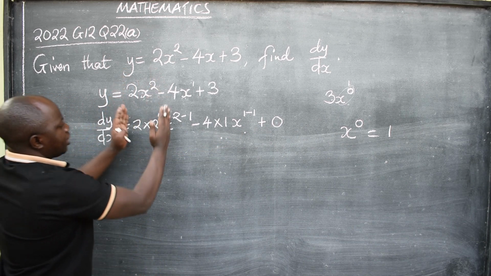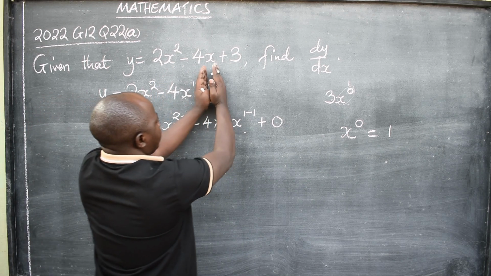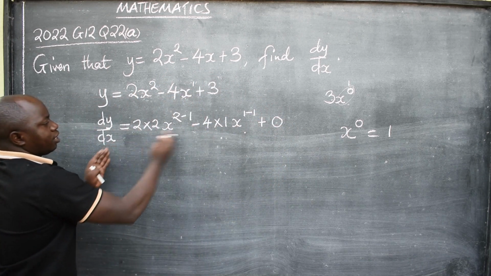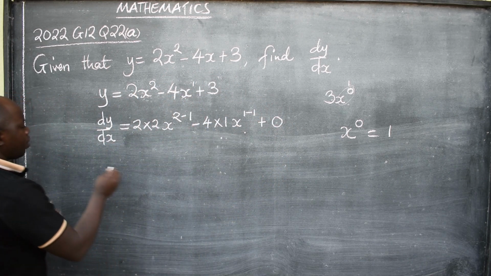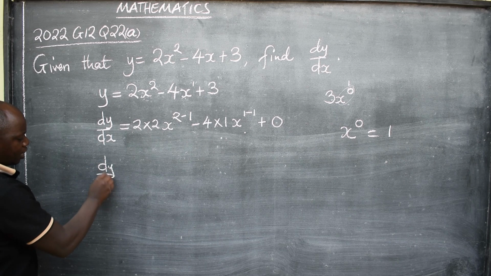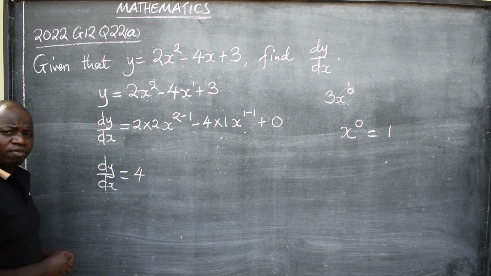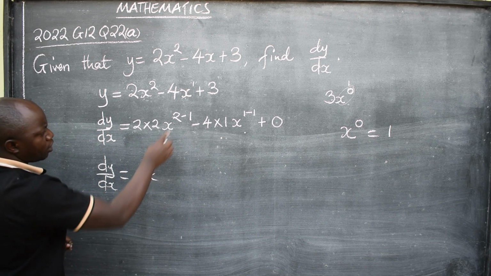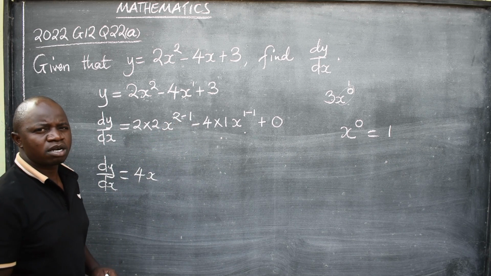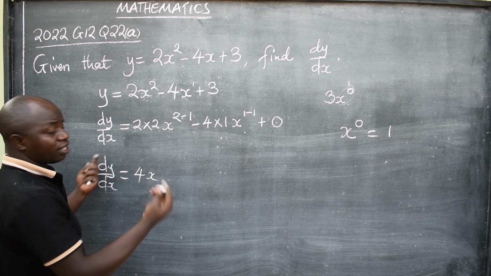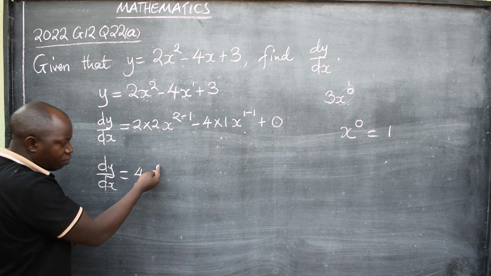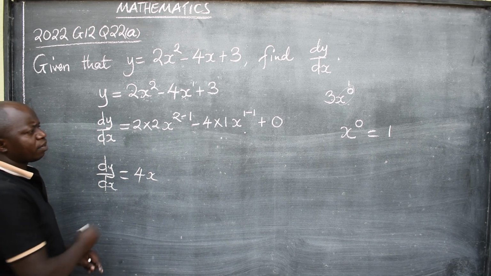So we have differentiated this, we've differentiated this, we've differentiated this. Then we can just simplify. We're going to say dy/dx is equal to 2 times 2, which will give us a 4. x, 2 minus 1 will give us a 1, so there will be no need of writing 1 here. You just leave it.